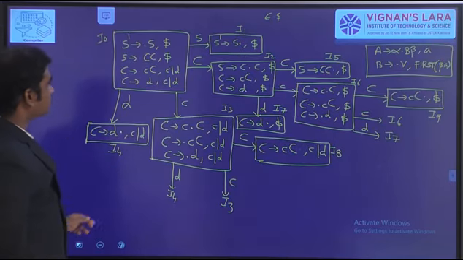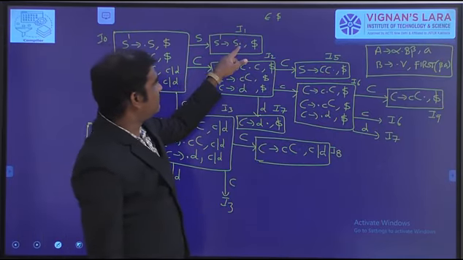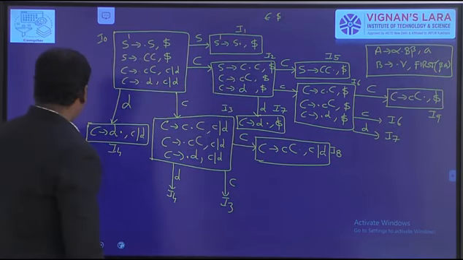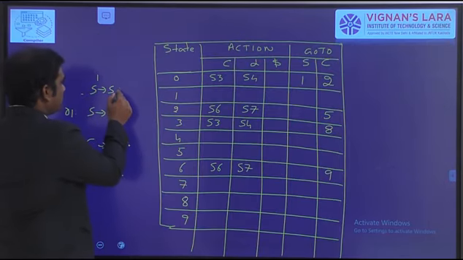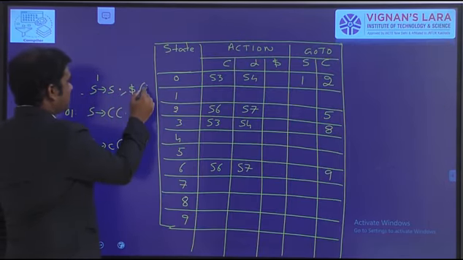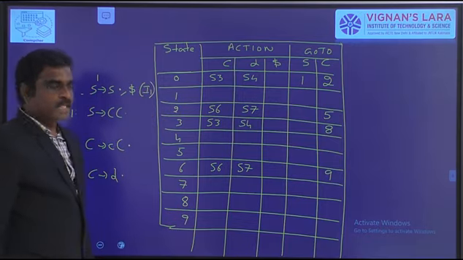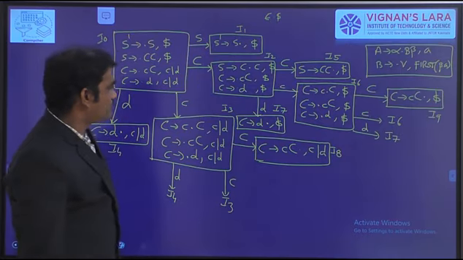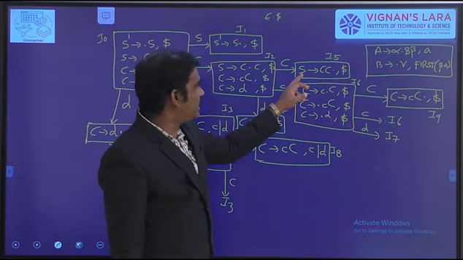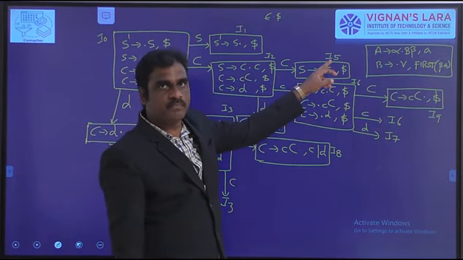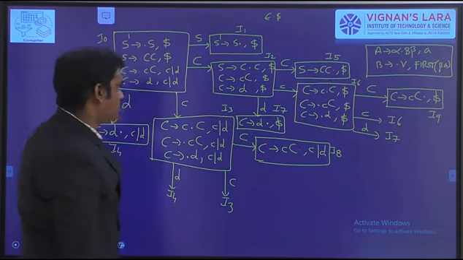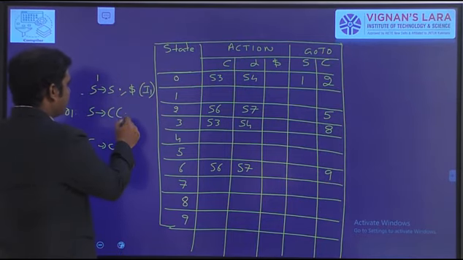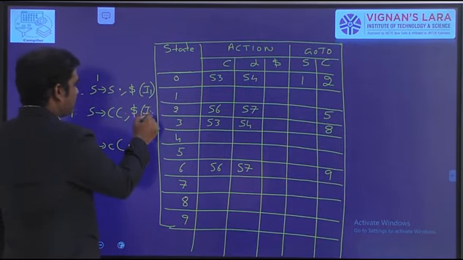The first one, S' to S dot, ends with I1, and the lookahead symbol is dollar. Next, S to CC dot ends with I5, and the lookahead symbol is dollar.